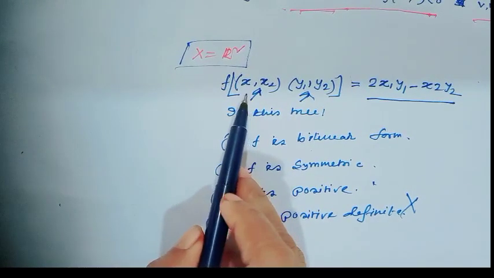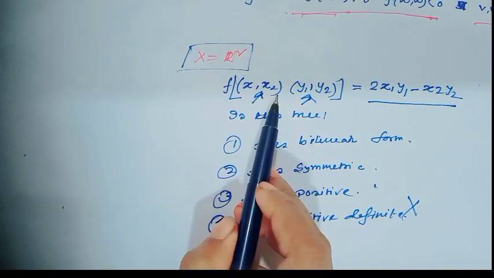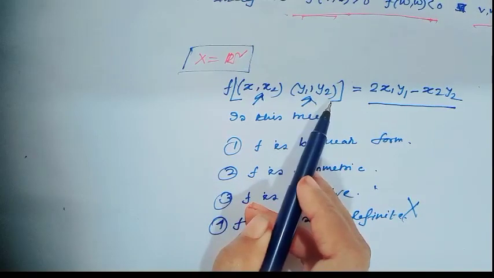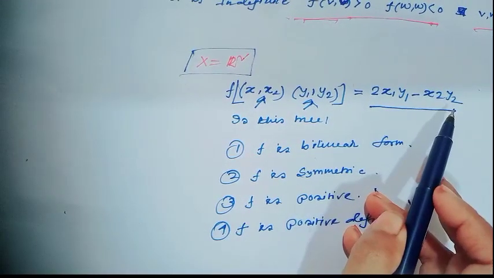positive definite means f of v comma v, so f of (x1, x2), (x1, x2) would be 2x1 square minus x2 square.